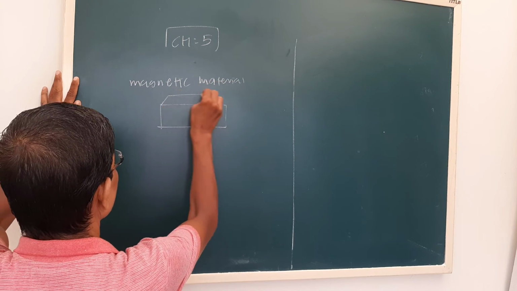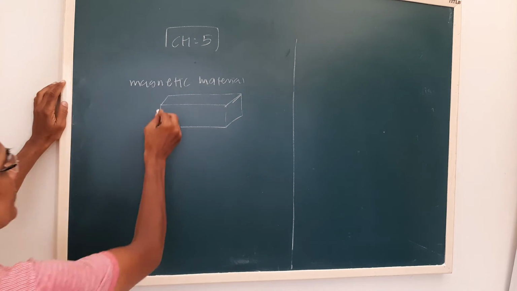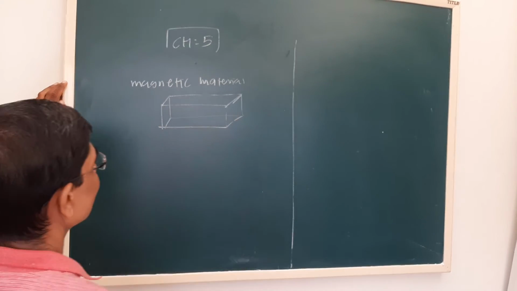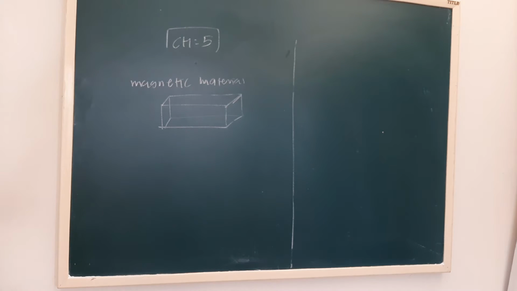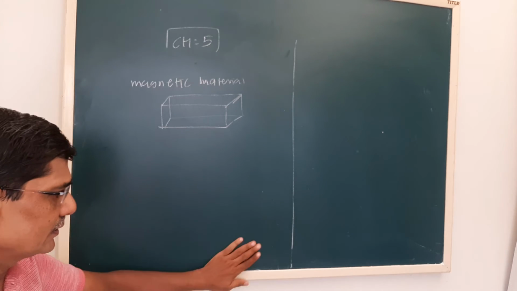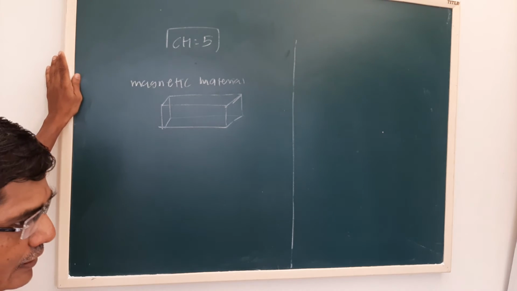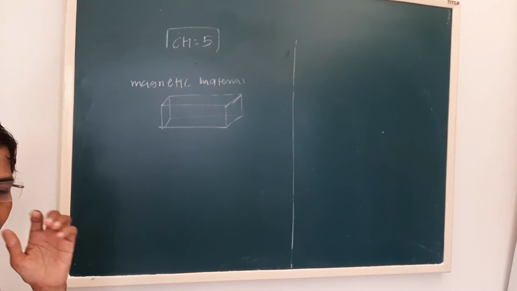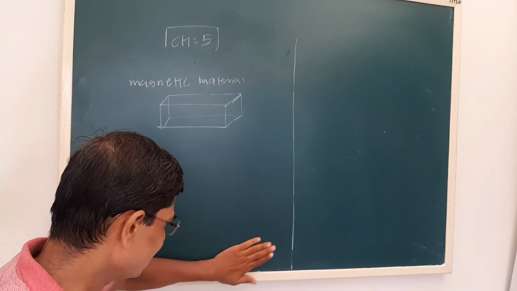How do we represent the magnetic property of such a material? That is given in terms of dipole moment. Magnetic materials possess a magnetic dipole moment, similar to the electric dipole moment. You studied polar and non-polar materials; here also there will be some relevance.